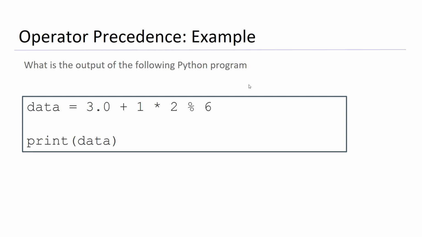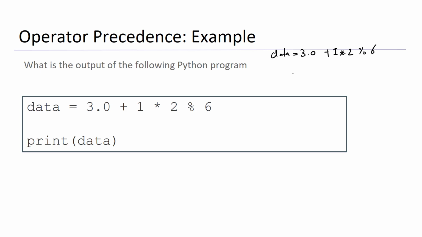So to find the answer here, let me just rewrite the same statement in this blank space over here. So let's say that data is equal to 3.0 plus 1 times 2 modulus 6.